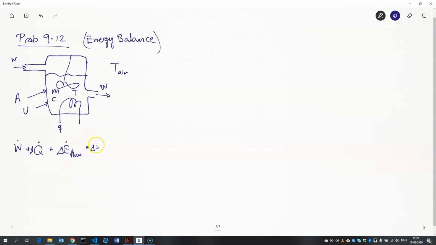And if there's a reaction, that can also create energy or consume energy. And on the right hand side, we have the change in internal energy per time unit.